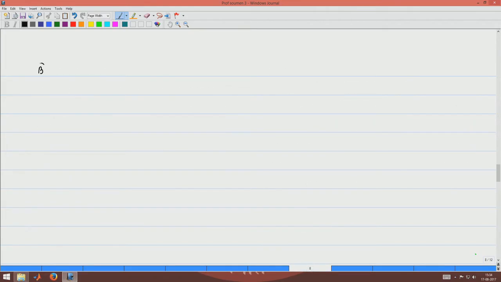B implies C. B says that the residual network does not have any augmenting path. So, suppose G_F has no augmenting path.